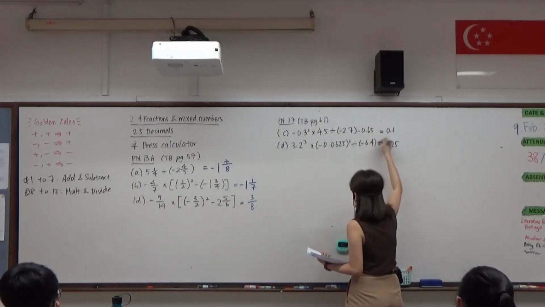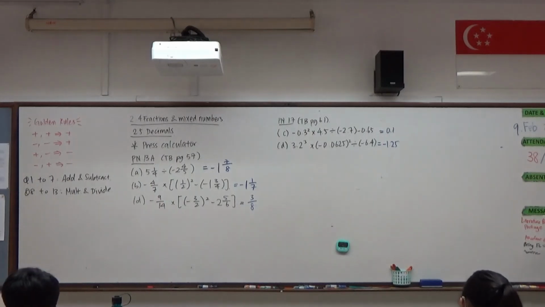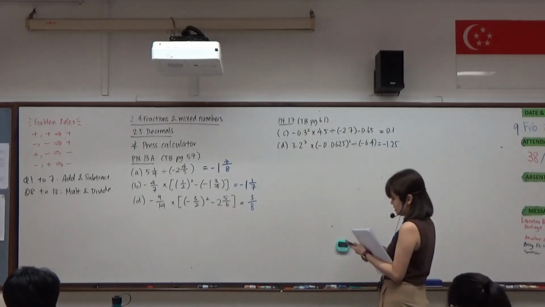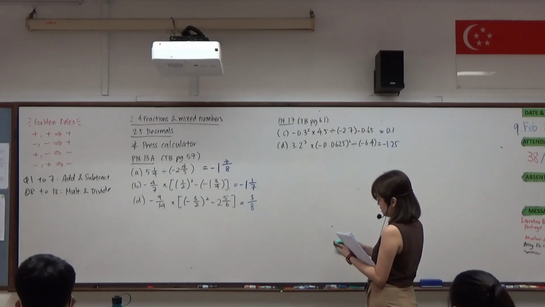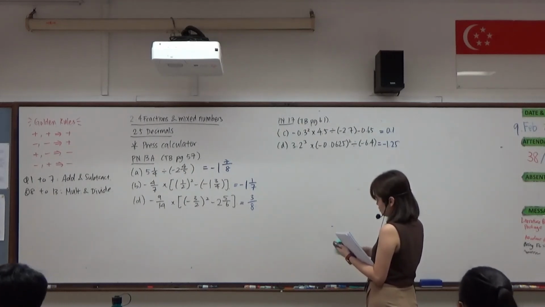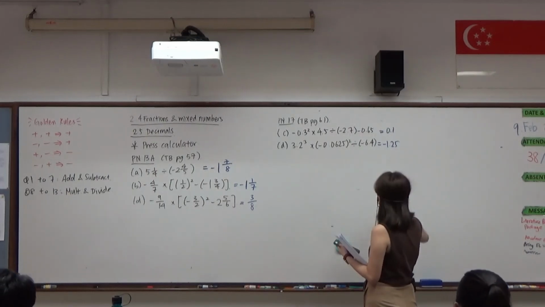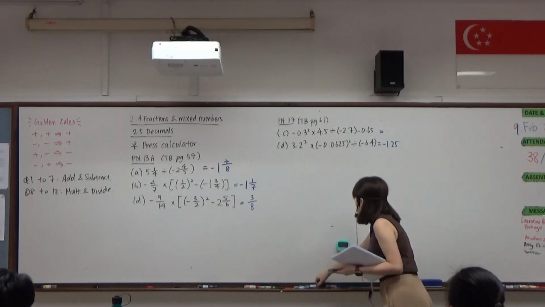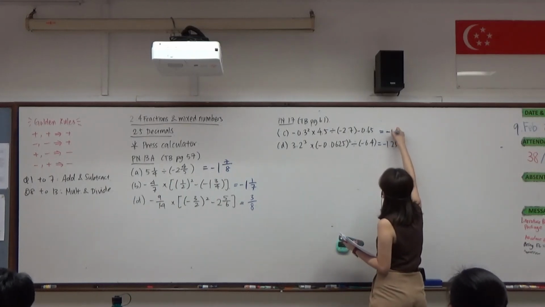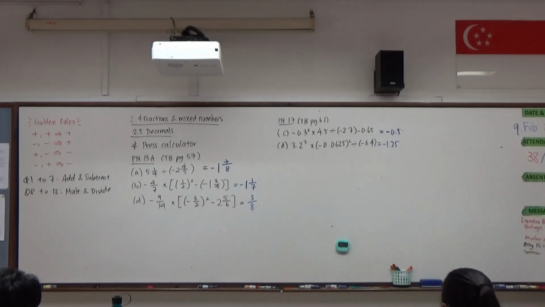Is the answer still correct? No. Then what should it be? Negative 0. Let me try. 4.5 divided by negative 2.7 minus 0.65. Negative 0.5. Thank you for pointing out.